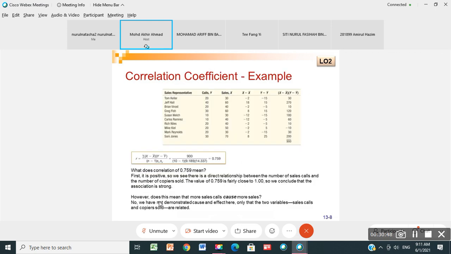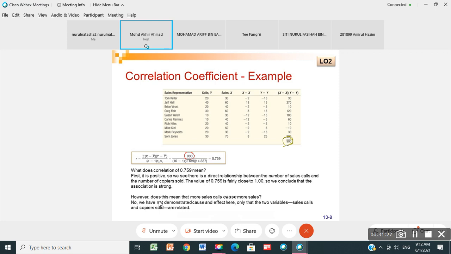Okay, then we have two data, Y and X. Okay, at the end, we got the data sum of X minus X bar, Y minus Y bar is 900. So put 900 here. Okay, then N minus 1, we have 10 data, 10 minus 1.